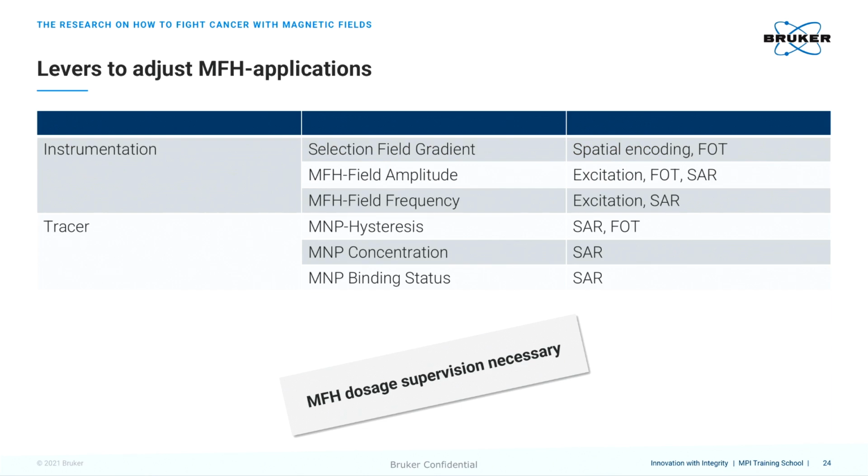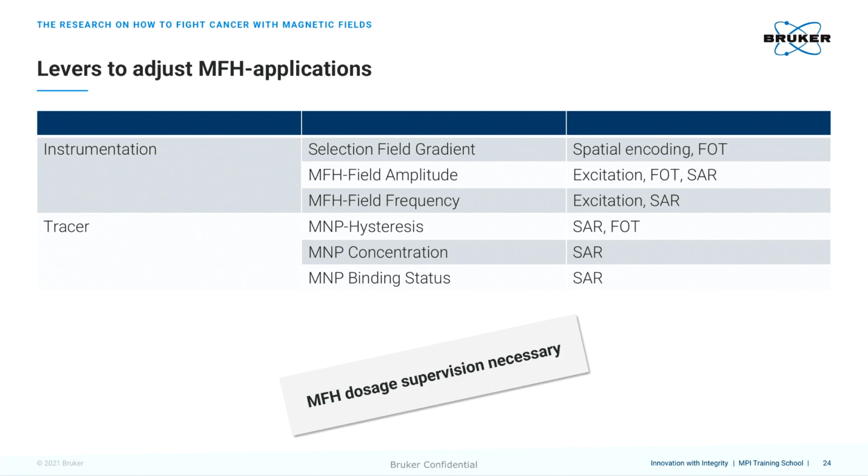So now we can leverage different things in MFH applications. From an instrumentation point of view, we can change the selection field gradient, and by increasing the selection field gradient, the field of therapy will shrink.